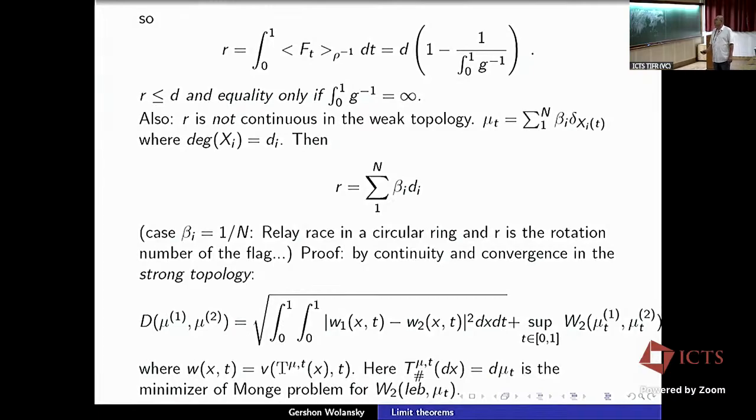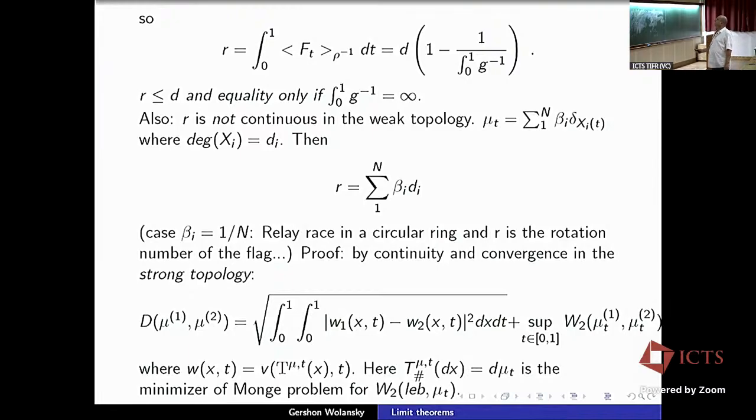And then we can find the rotation number for any measure which has a finite L2 metric derivative.